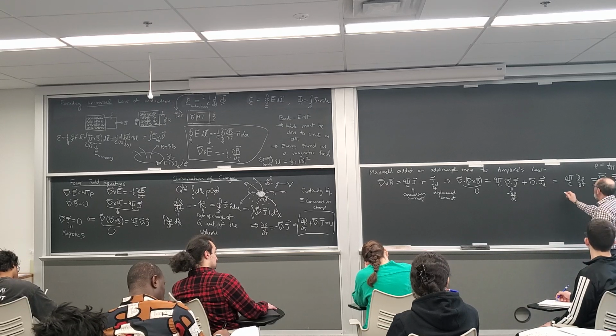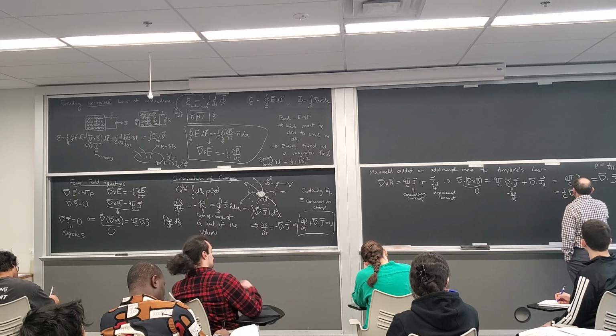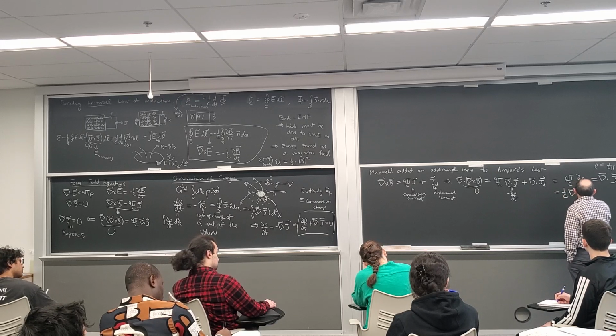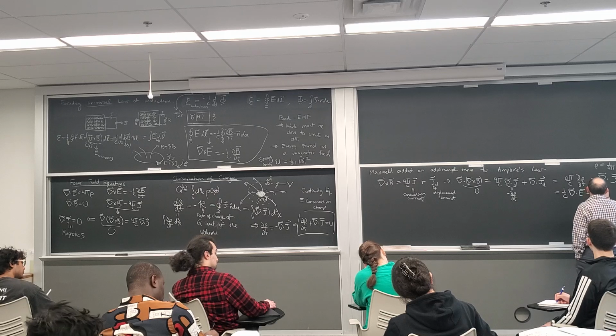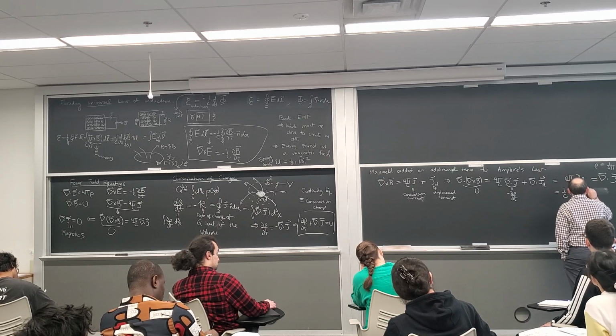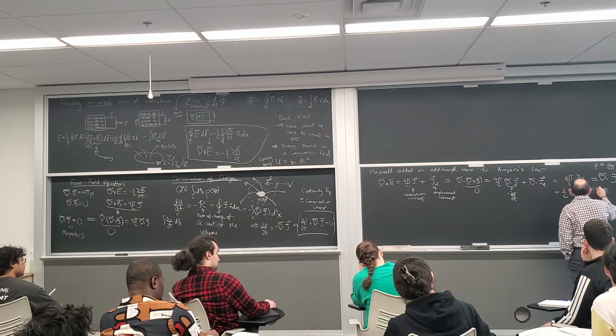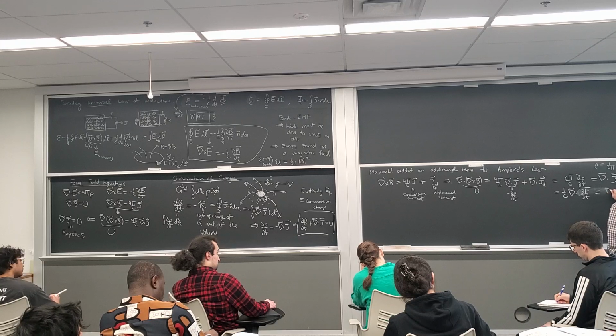So now I can replace that and say 1 over c, the divergence of dE dt, this derivative, is equal to the divergence of JD.